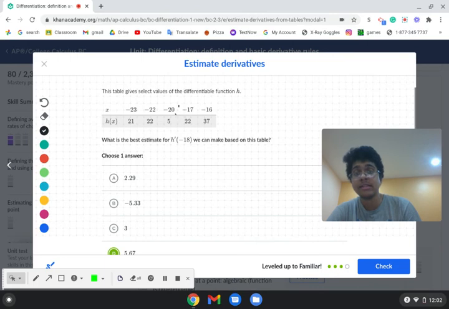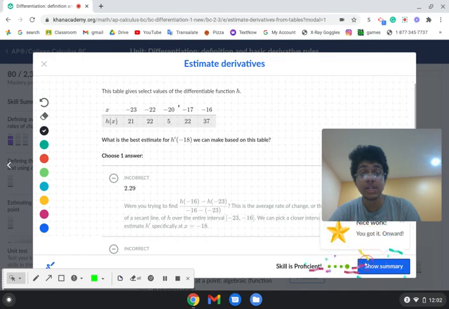So for this example, when we're being asked for the derivative when x equals negative 18, we would go in between negative 20 and negative 17. So when you're doing problems like these, get points that make the point being asked fit in between both of them. So let's check the answer.